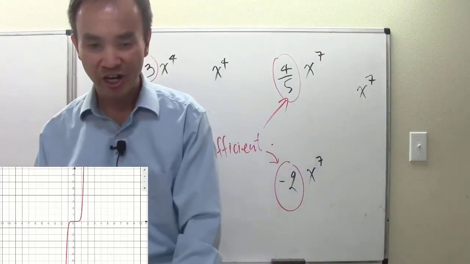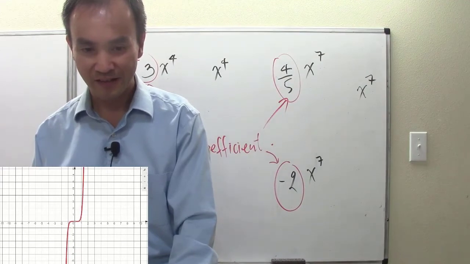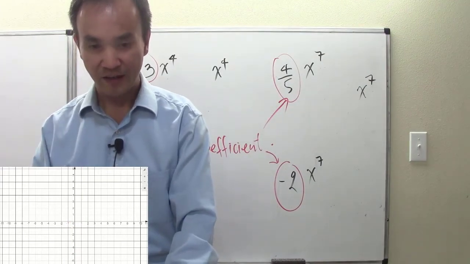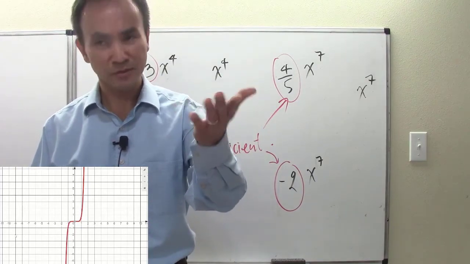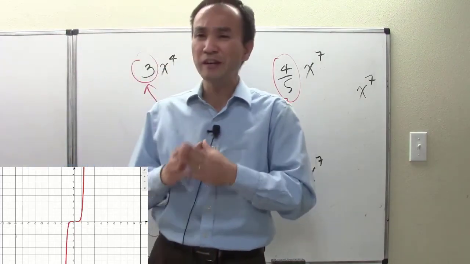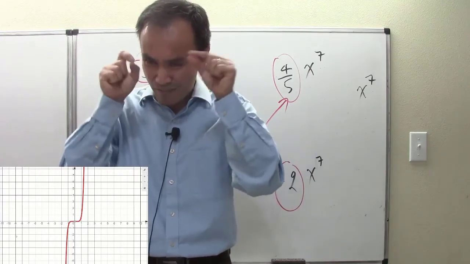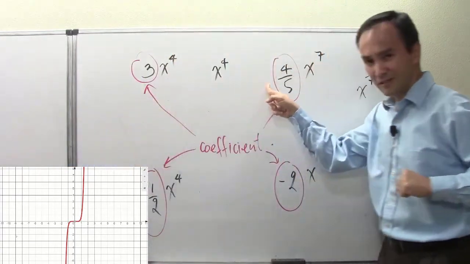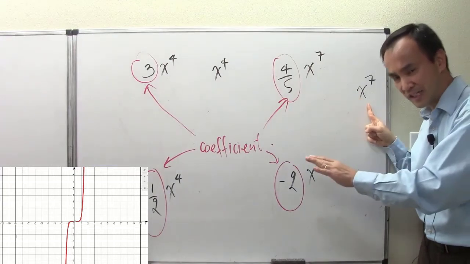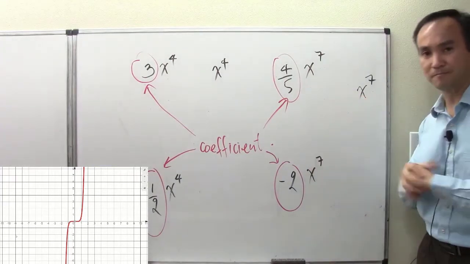So now I'm going to change my function to 4/5. And now the graph still looks pretty much the same unless we really dive in and see how much it's changed. But in the end, same fundamental shape compared to the original x to the 7th with coefficient 1.